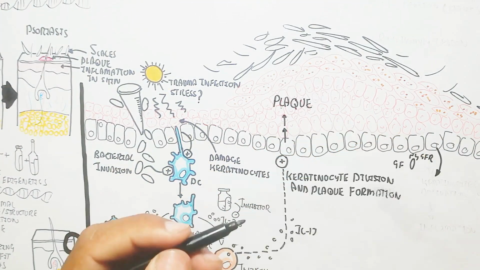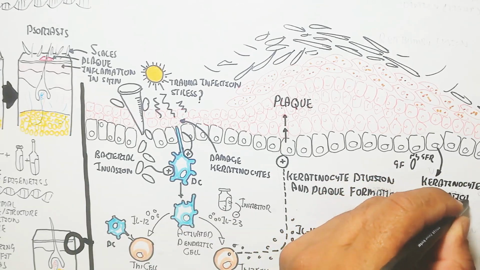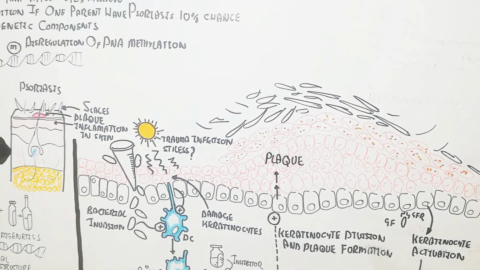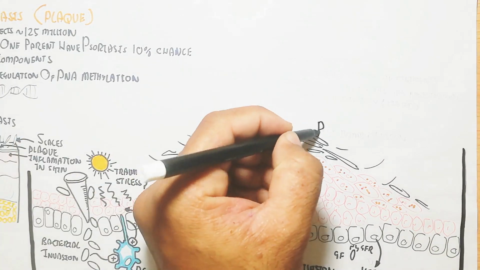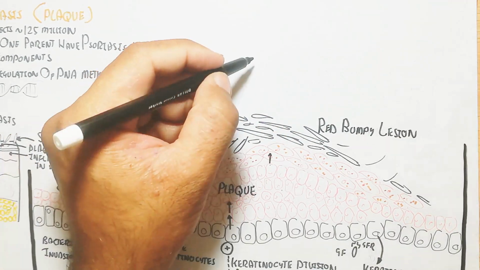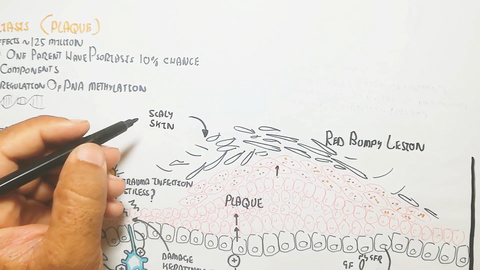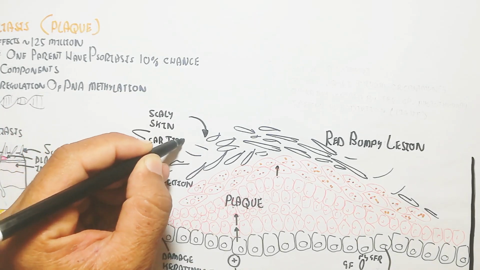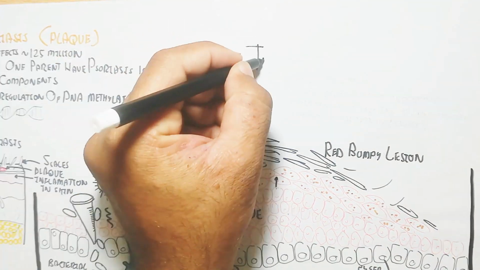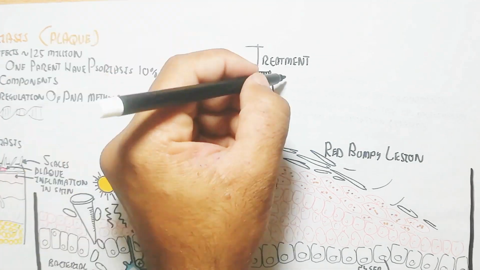The growth factor binds with the growth factor receptor of the keratinocyte to divide, giving the potential for division, and keratinocyte activation leads to more inflammation due to abnormal division. Here is the melanin-filled keratinocyte, and the dead keratinocytes lead to a scaly red bumpy lesion, scaly skin and scar tissue formation.